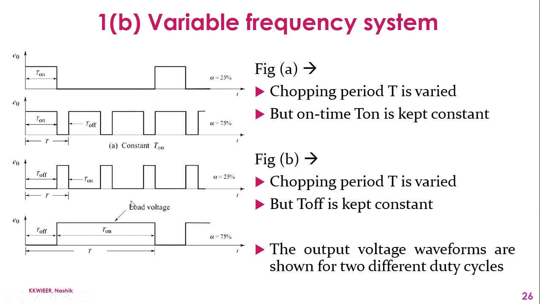Whereas in the second figure, if you see, chopping period T is varied but the T off is kept constant. So T off is same, but again chopping period T is varied. So the output voltage waveforms are shown for the two different duty cycles, and here we can conclude that by keeping T on and T off constant and varying the chopping period T, or chopping frequency, which is nothing but the reciprocal of this chopping period T, we can achieve the control of output voltage.